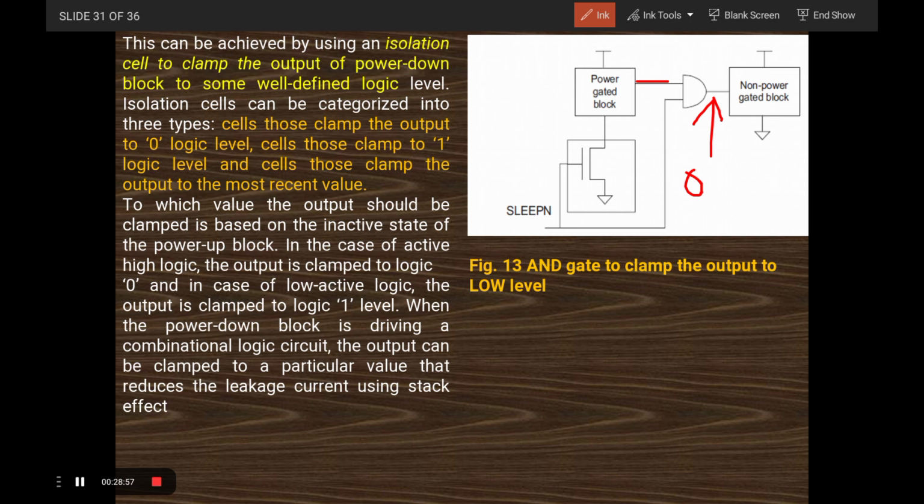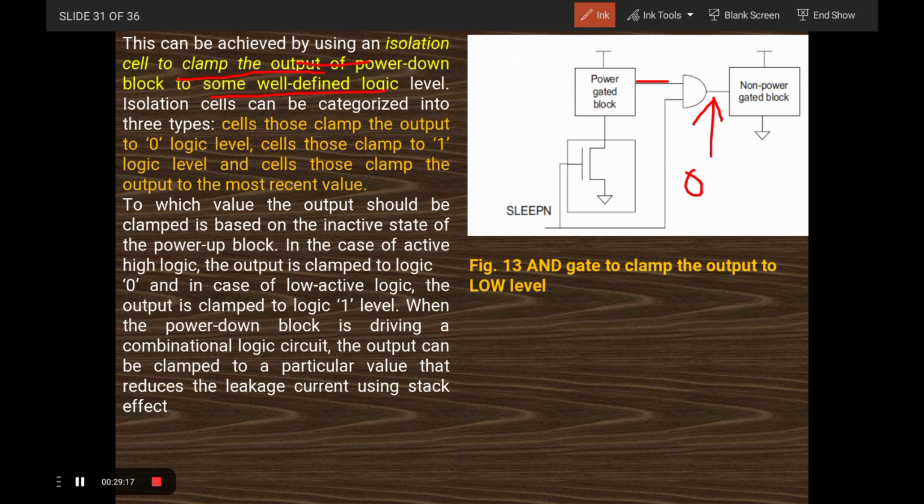Basically there are 3 types actually. This isolation can be achieved by using an isolation cell to clamp the output of the power down block to some well-defined logic. That means that well-defined logic is suitable for operating the next device. The isolation cells can be categorized into 3 types actually.